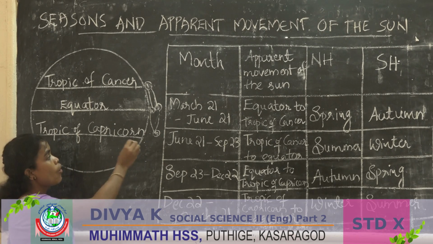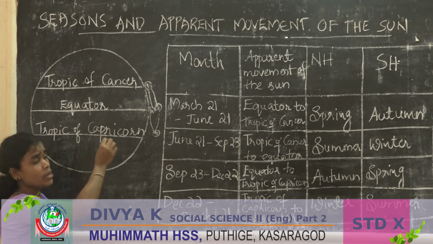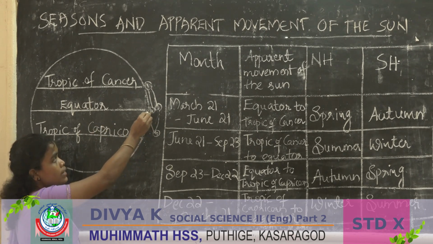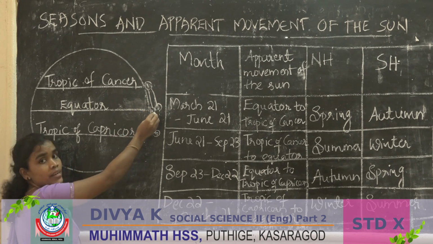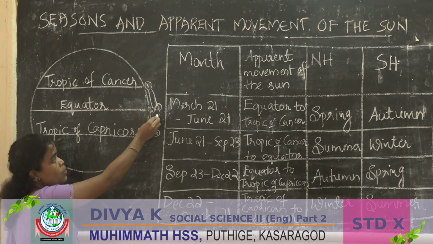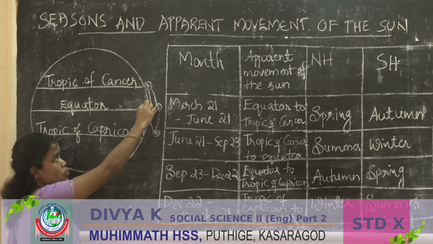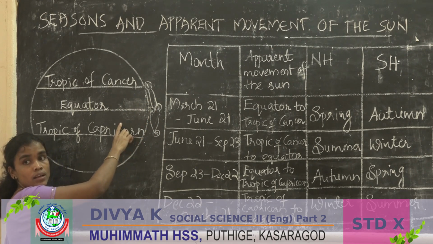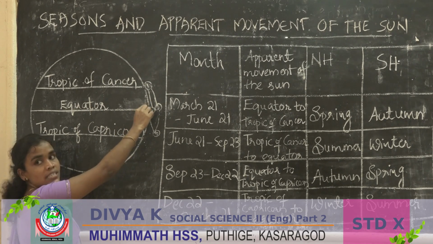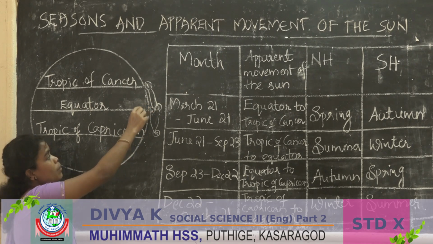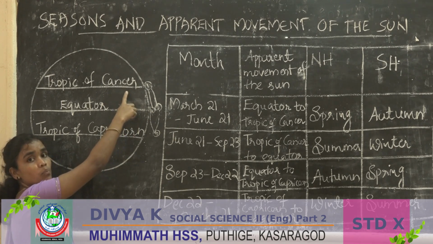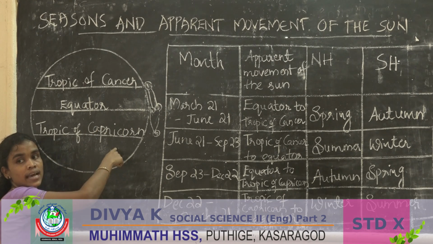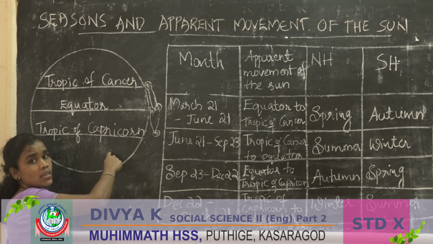Due to the apparent movement of the sun, the position of the sun on March 21 and September 23 is on the equator. That causes an equal amount of sunlight to fall in both the northern and southern hemisphere. This causes what?